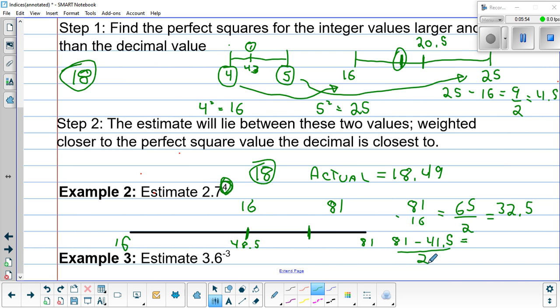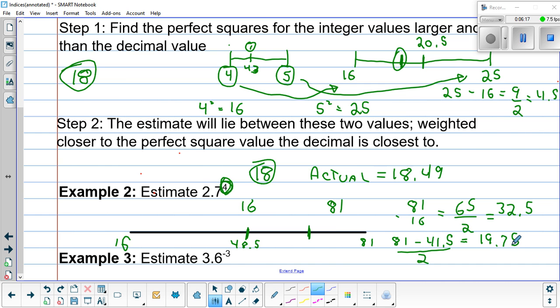If you want to go as accurate as you can, just start breaking up into chunks. So 81 minus 1 is 80, minus 40.5 is 39.5, and 39.5 divided by 2 is 19.75.